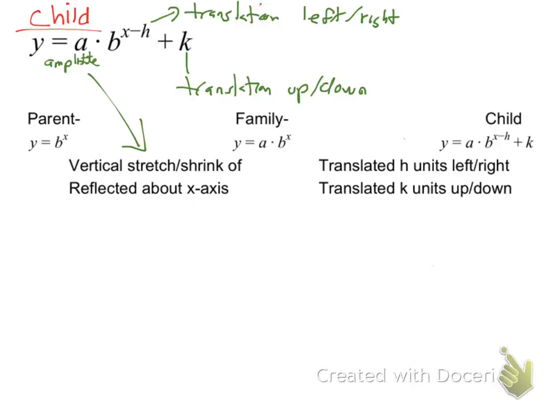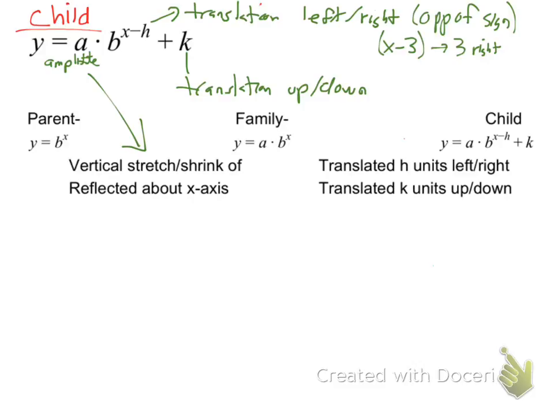The movement is always opposite of the sign. What does that mean? If you see something like x minus 3 as an exponent, I am actually moving 3 to the right. It's not 3 left.